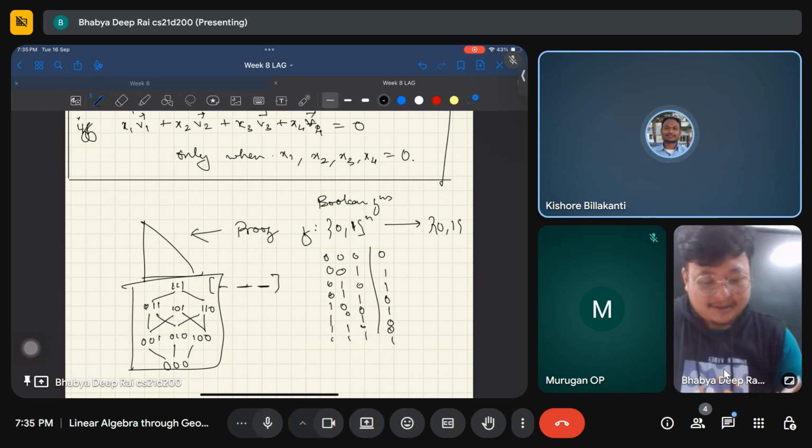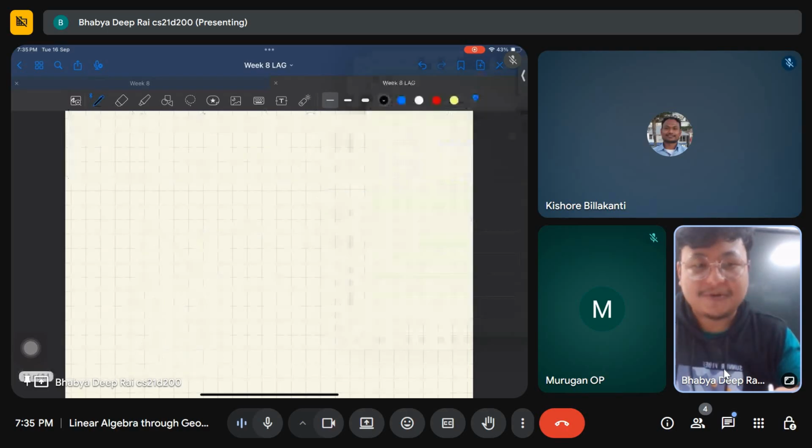So can we have a truth table for 4 dimensions? Of course you can. That's what is called the hypercube.